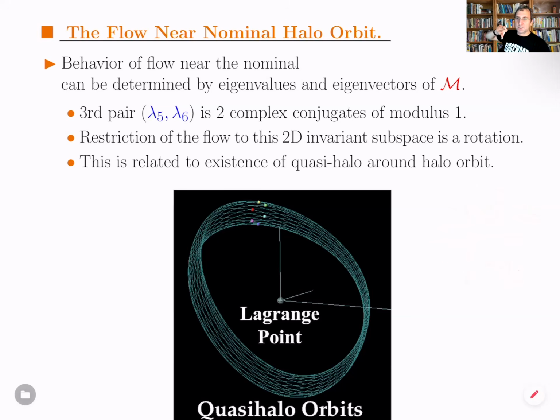And this corresponds to motion that is, in some sense, orbiting around the periodic orbit. So it's related to rotation around that halo orbit, or we call these quasi-halos. So you could have motion along the halo, and then this spiraling that's related to the quasi-halo.